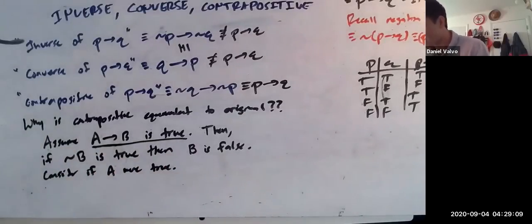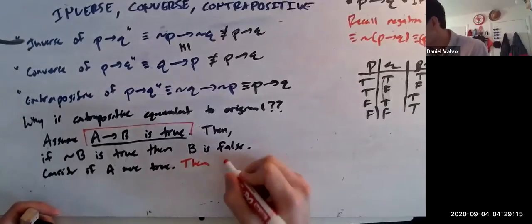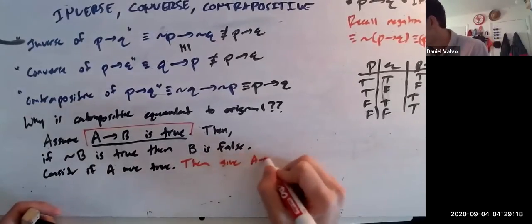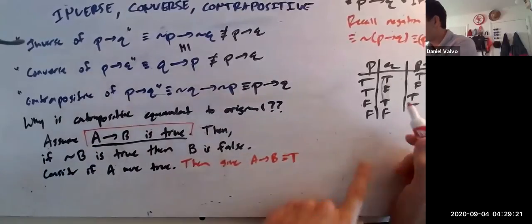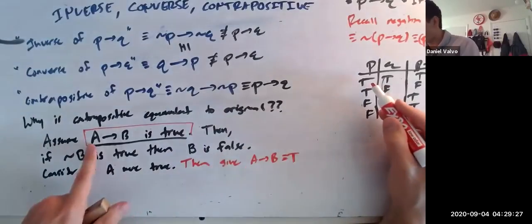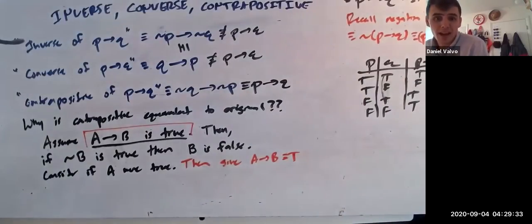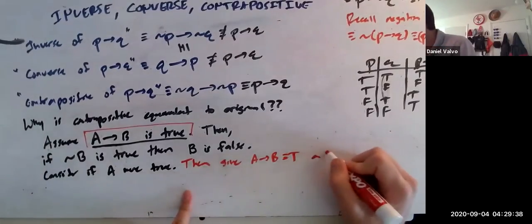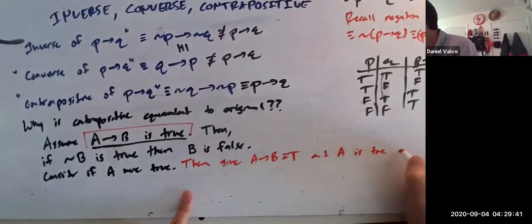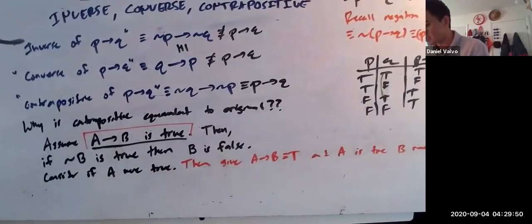Because A implies B is true, by the definition of the truth table, if A is true and the statement is true, the second thing must be true. If A implies B is true and A is true, then B must follow. So since A implies B is true and A is true, B must be true.